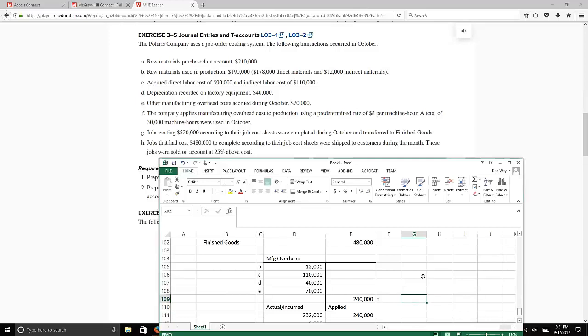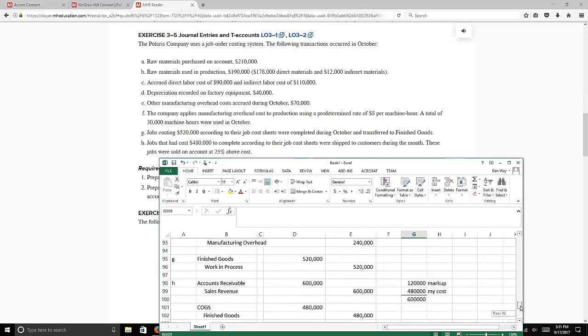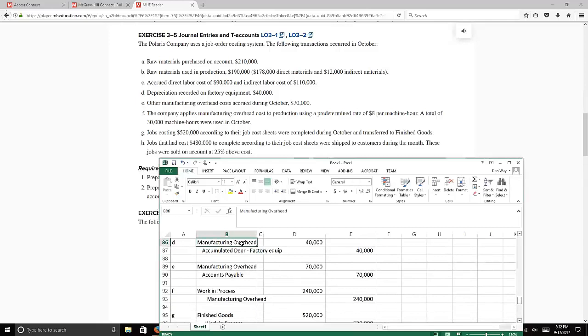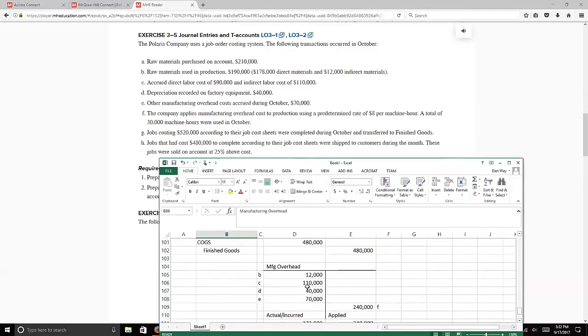So I sourced all of those from my journal entries. And as you're doing similar problems, definitely make sure that you go through your journal entries as a second check and make sure you've transferred every single debit and credit you have booked in your journal to the appropriate T accounts.